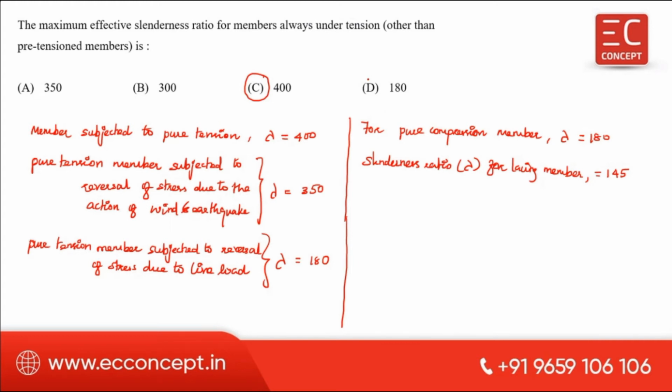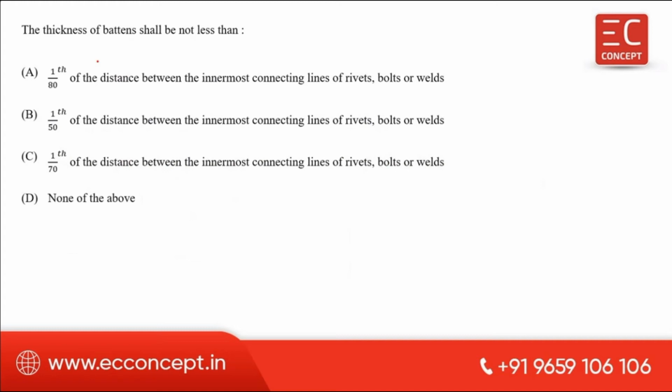Okay, next one. The thickness of batten shall be not less than. So the batten, thickness of batten, this is the column, single column. This is the another column.